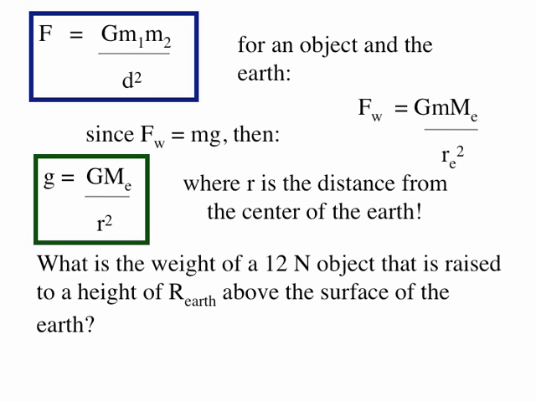So, what would be the weight of a 12 newton object that is raised to a height of one radius of the Earth above the surface of the Earth? In other words, we have double the distance the object is from the center of the Earth. If we go farther away from the center of the Earth, the force of attraction to the center of Earth becomes less.